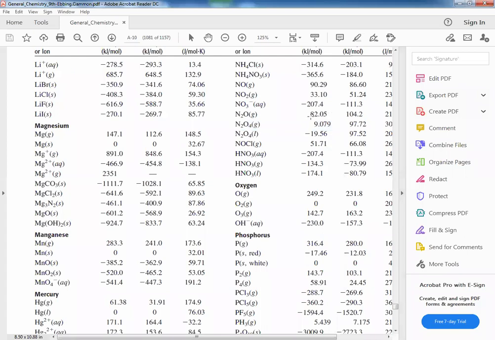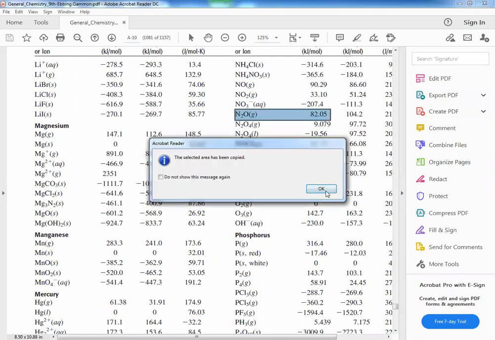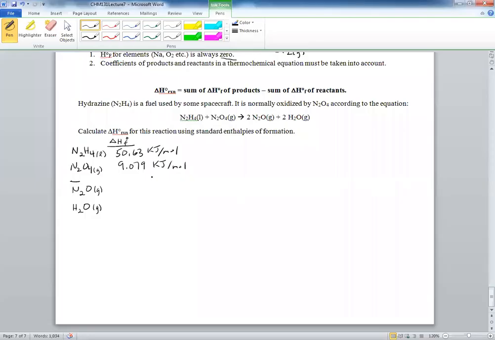So it's 82.05. And of course, water is in the gas phase.